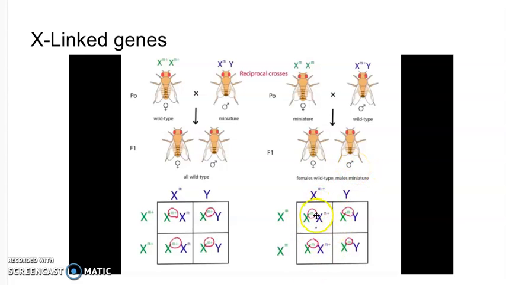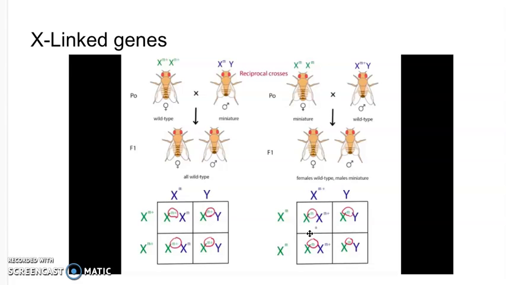And again, if you look down here, the females, although they did get one of those mutated alleles from the mom, they got a wild type from the dad, so they're going to have that dominant wild-type phenotype. The males, however, got the normal Y from the male parent, and since the female parent only had those two recessive mutated alleles, that's what they got. So now I would have affected males and unaffected females.